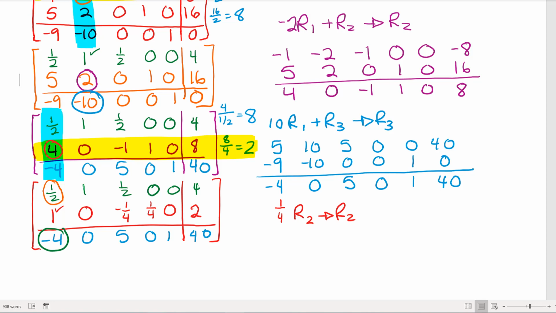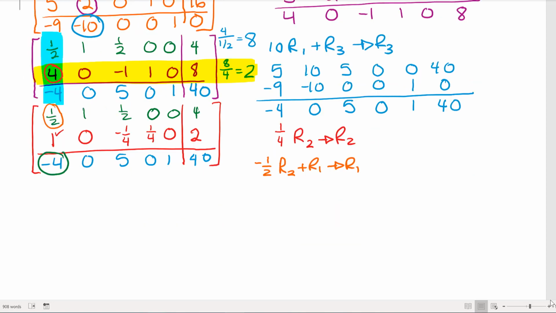So in order to get the 1/2 to become a 0, I'm going to take the opposite of 1/2, which is negative 1/2, times the row with a 1 in it, in this case that red row 2, plus row 1 back into row 1. So negative 1/2 times the red row is negative 1/2 times 1 is negative 1. Negative 1/2 times 0 is 0. Negative 1/2 times negative 1/4, that's positive 1/8.